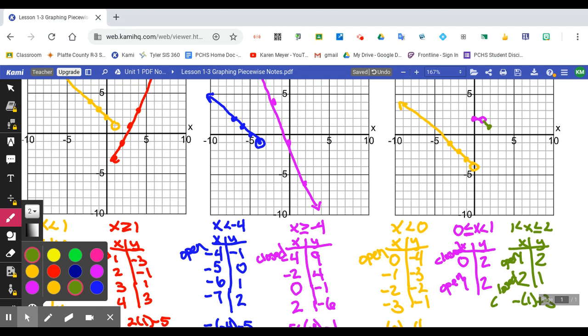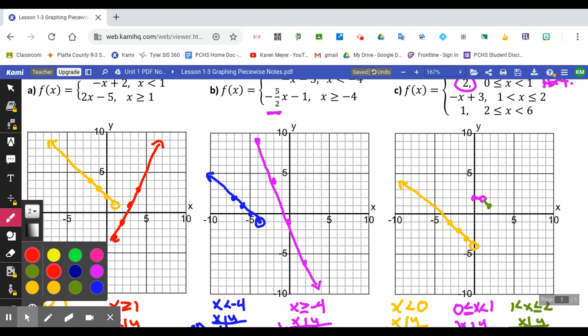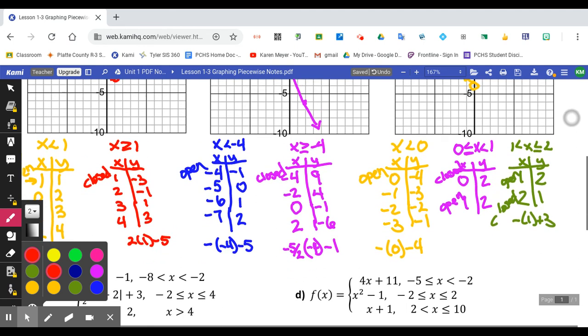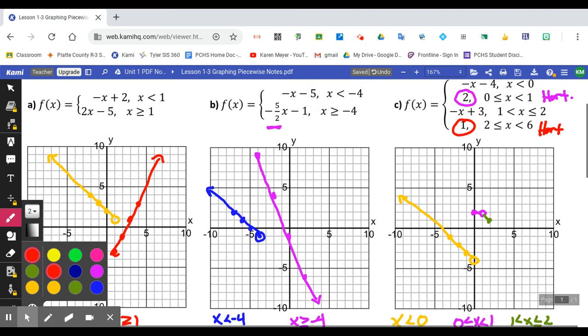And then finally, it brings us to the last part. And once again, I notice over here, the last part just has the number 1 on the left. So that's going to be a horizontal line. So our horizontal line, it's going to start at 2 and end at 6 on the x-axis.